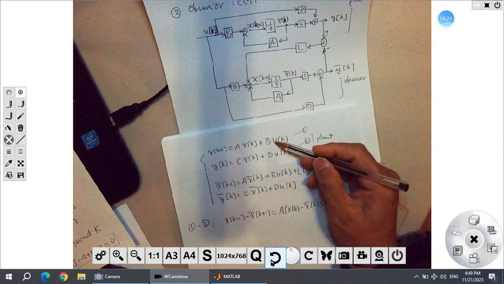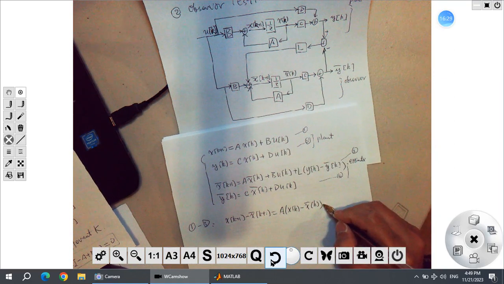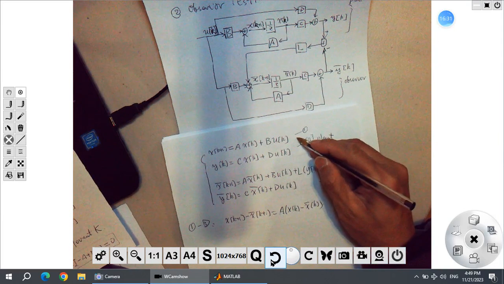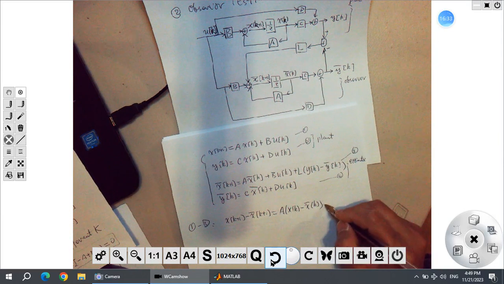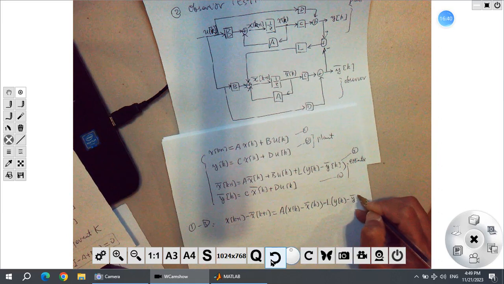and then Bu minus Bu, they cancel, and only what's left is this one, so 0. Here there are no y terms, but here we have, so 0 minus L times y of k minus y bar of k.